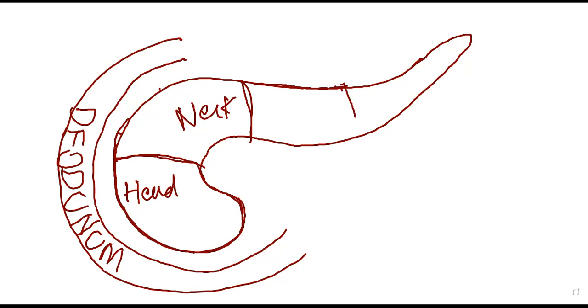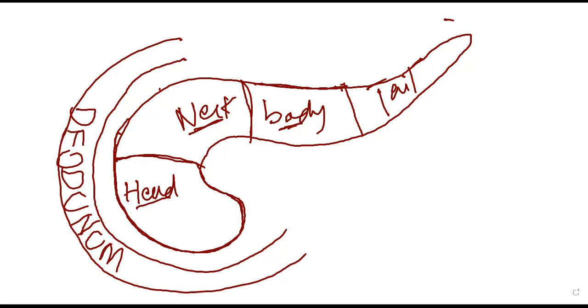Sorry, the body of the pancreas. This is the body. So the neck connects the head with the body of the pancreas. Next to the body of the pancreas, this small portion is the tail. So these are the 4 parts of the pancreas.